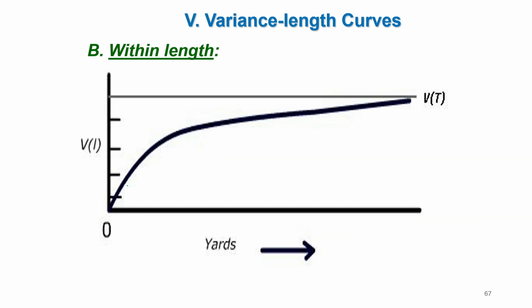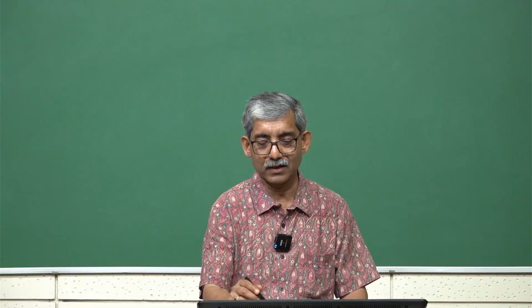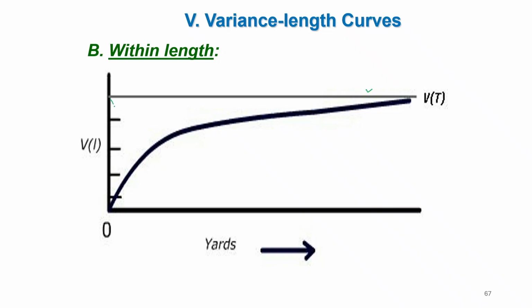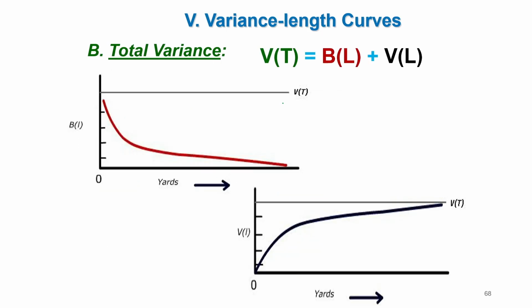And the shape of the curve is this. If we add BL and VL, we will get the total curve. BL will be this type of curve and VL is this. So, if we add, we get a total variance, which is constant for any cut length. So, VT will be BL plus VL.